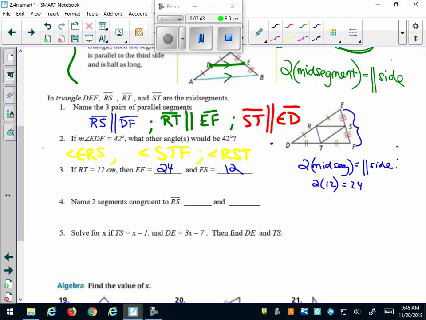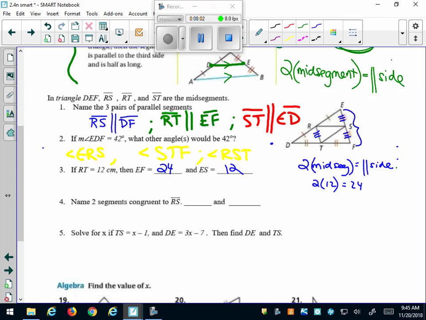Skylar, what do you think? Is RT congruent to? Yep. Because we just said that this is 12, that makes this 12, this is 12, right? So it's congruent to those other two.